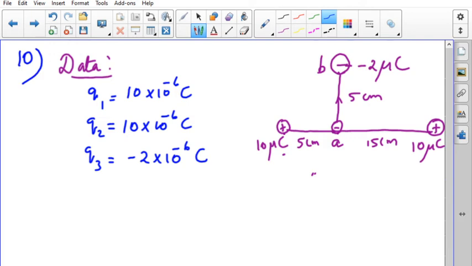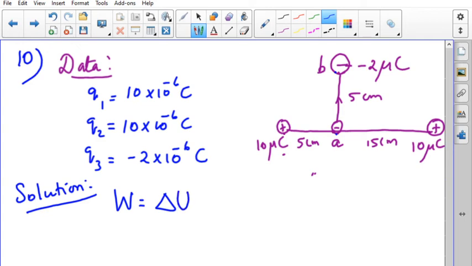And the distances are also given. So let us calculate what is the work done. That is, to move the charge from A to B, we have to do some work, and this work is stored as a potential energy. Therefore, the work done is equal to change in potential energy. Delta U is equal to UB minus UA.